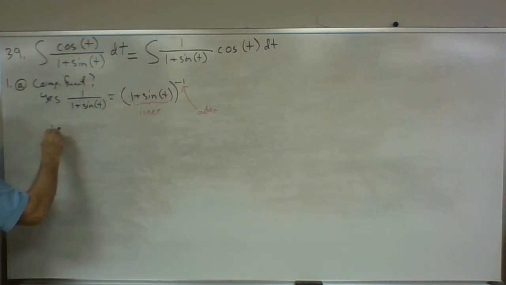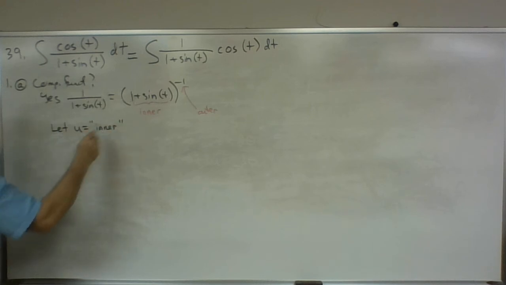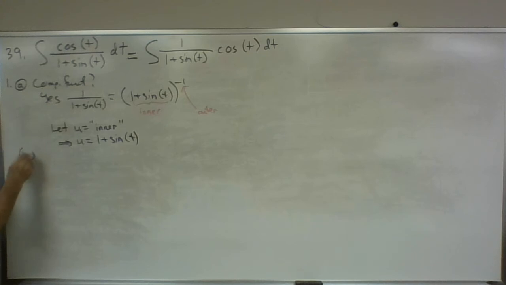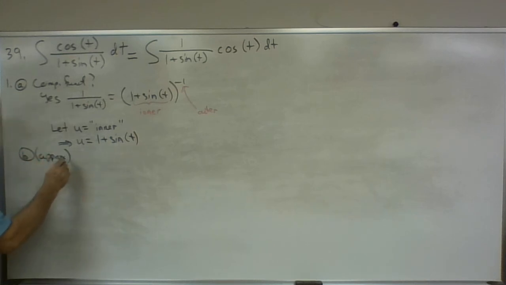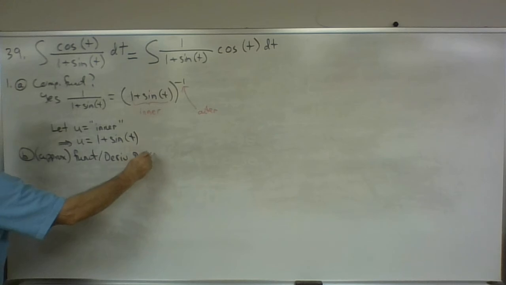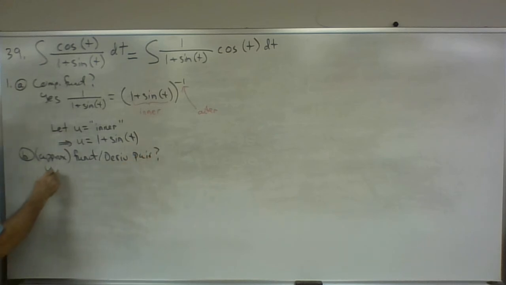Our rule of thumb says let u equal the inner function. So u equals 1 plus sine of t. Now, do we have an approximate function derivative pair or an exact function derivative pair? Either one. And the answer is yes.